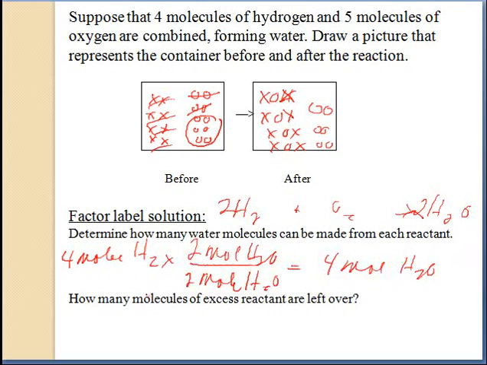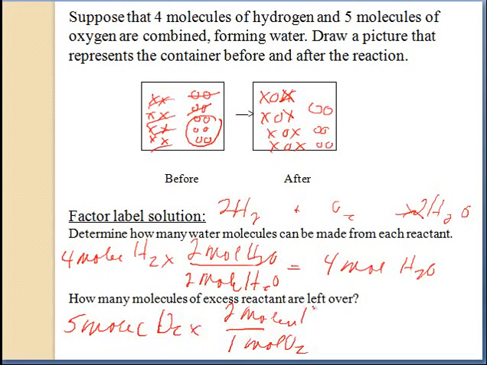And the question is how much excess reactant is left over. So let's just see how much I get from 5 molecules of oxygen. 5 molecules of oxygen, and what I know is it takes 1 molecule of oxygen for every 2 molecules of water, which is 10 molecules of water.